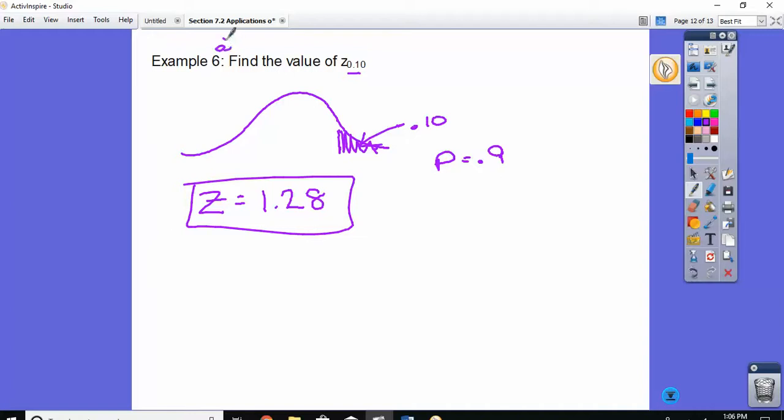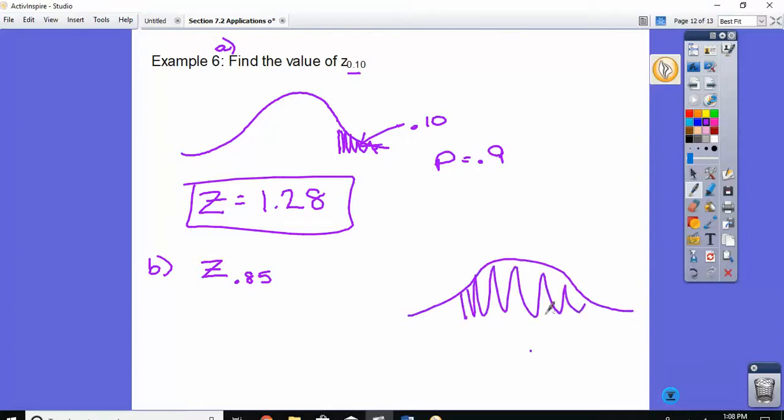I'm going to give you guys another one of those. So I want you all to find Z sub 0.85. 85% of the data should fall to the right.